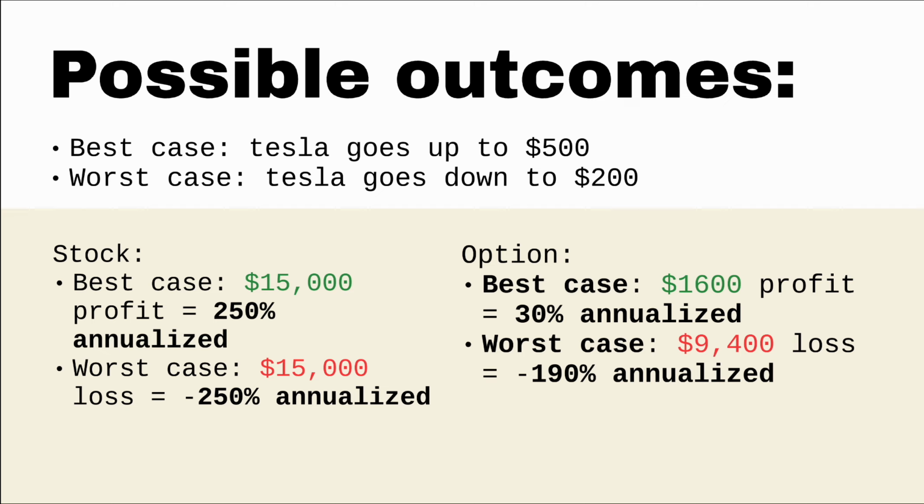If Tesla went up $40, the option expired worthless, and we keep the $1,600, and that's our profit. In the worst case scenario, we are forced to buy the shares for $310, times 100 shares is $31,000, minus the $1,600 we originally got for the option, so it's like we paid $29,400 for the shares. With shares currently trading at $200 times 100 shares, it's $20,000, so we have a $9,400 loss.